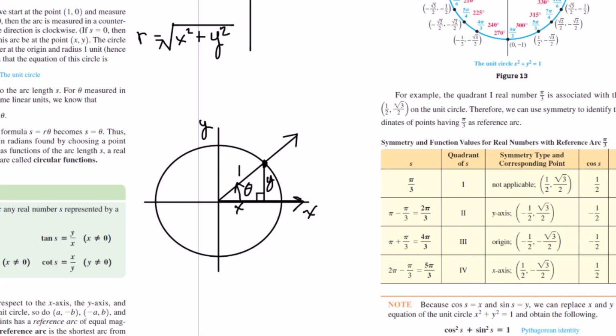Well, now if we rewrite the trig function definitions, r is equal to 1. So sine of theta is equal to y, cosine theta is equal to x, tangent theta is equal to y over x, and then you have the reciprocals.